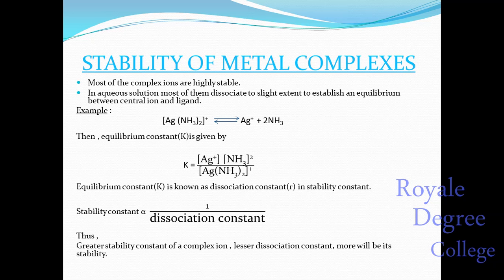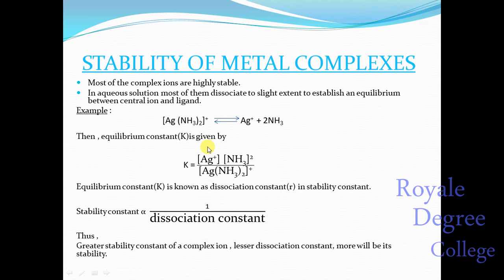We are taking [Ag(NH3)2]+, this complex ion. It will dissociate to give Ag+ ion plus 2NH3, 2 moles of ammonia. Thus, the equilibrium constant, K, is given by this equation, the equilibrium constant for the above reaction.